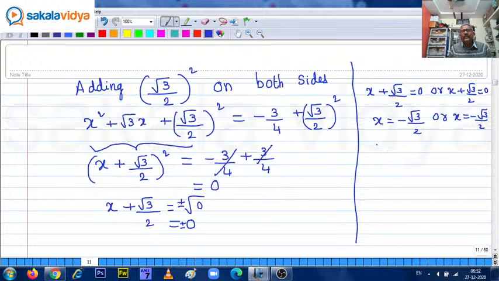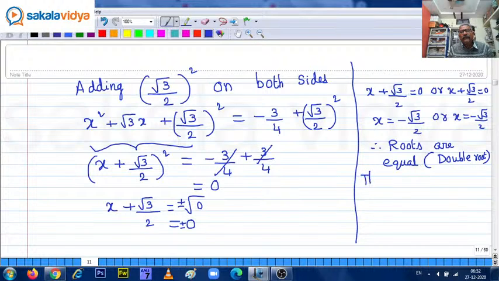Here the roots are equal. Interesting. That means each root is equal to minus root 3 by 2. But it has only one root, that is minus root 3 by 2. But in general, being a quadratic equation, it has two equal roots. It's said to be a double root. We call it a double root also.